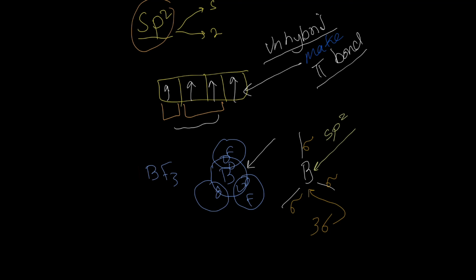The main condition is having 3 sigma bonds around the atom; then you can say this is sp2. Most atoms that have sp2 hybridization have an angle of 120. So if you were asked about the angle here, it's 120. So this is for the sp2 hybridization.